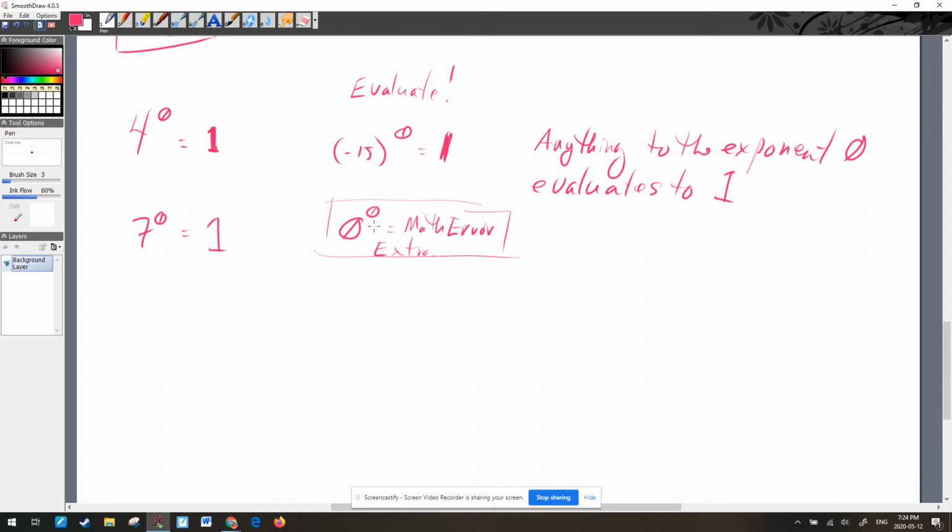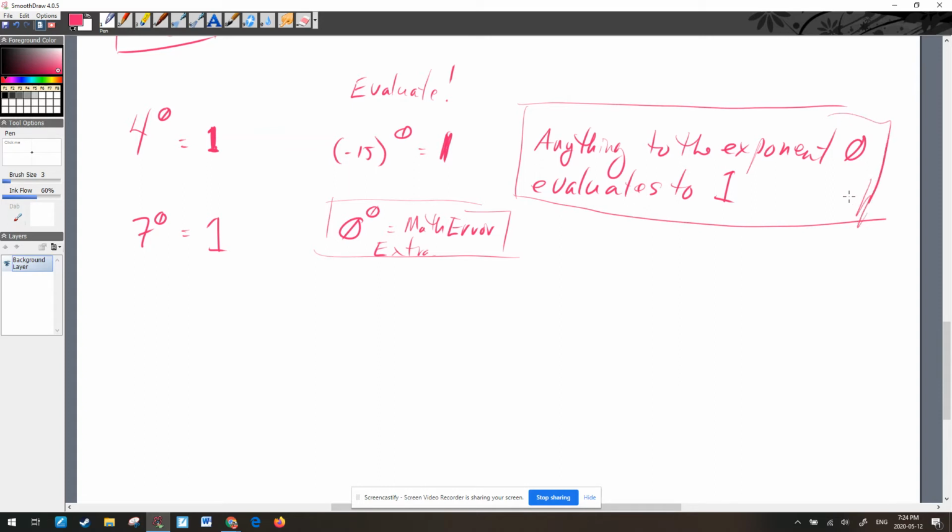It's one of the very, very few cases in mathematics where the answer has an ambiguity to it, and it depends on the field of mathematics you're using. If you type 0 to the exponent 0 into Google, because Google is a calculator as well, it will actually tell you that it's 1. It's way beyond our pay grade to worry about, but I just want you to be aware of that. But this is what we're going to consider right here: basically anything to the exponent 0 is 1.